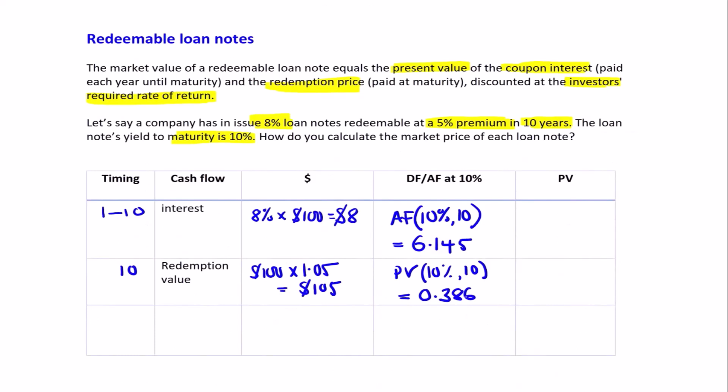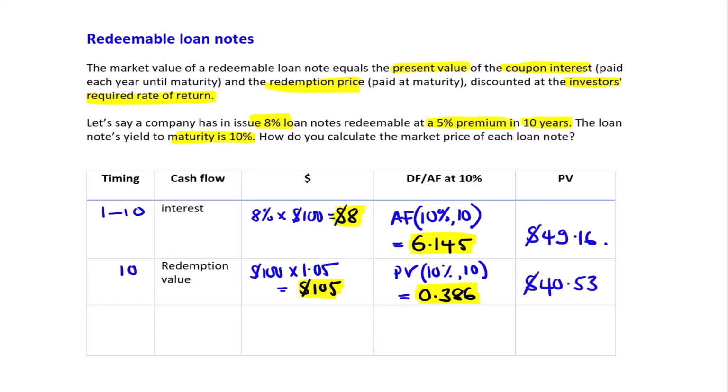We now simply multiply the cash flow by the discount factors.